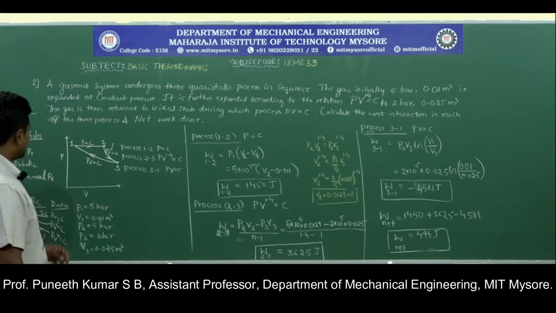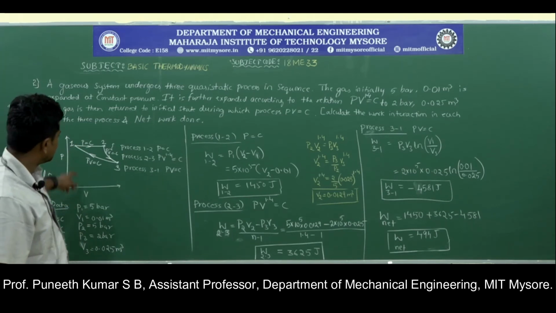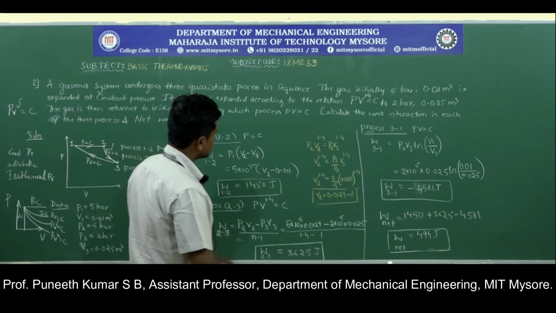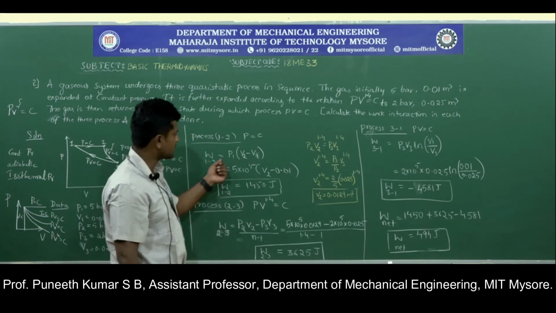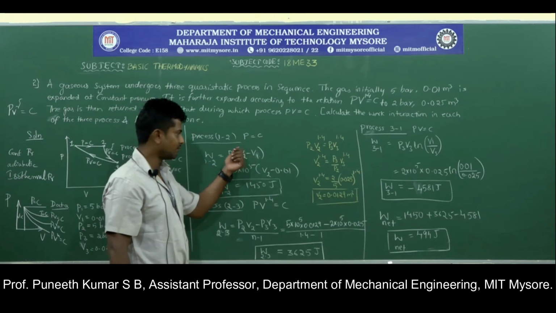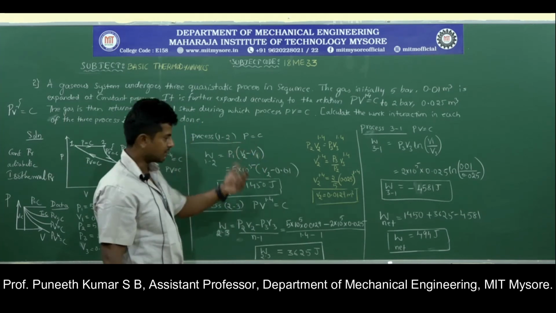While taking the very first process, which is the constant pressure process, happening between state points 1 and 2, we know that the work done during 1 to 2 is equal to pressure into change in volume, that is pressure into final volume minus initial volume.